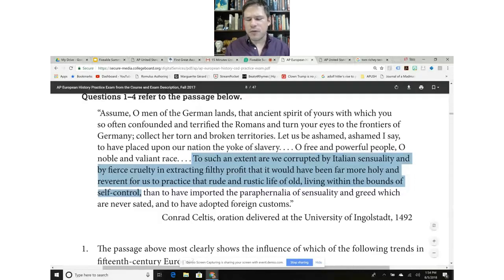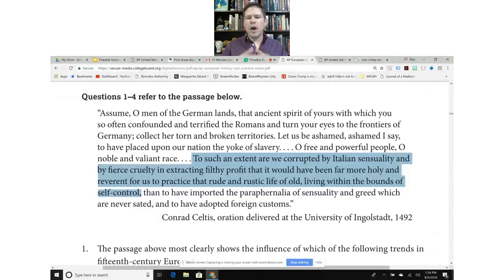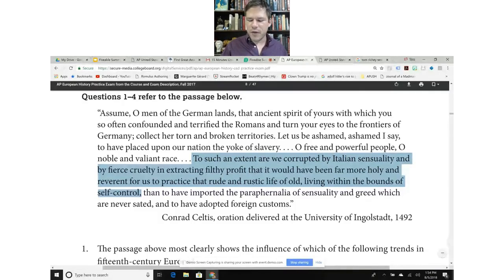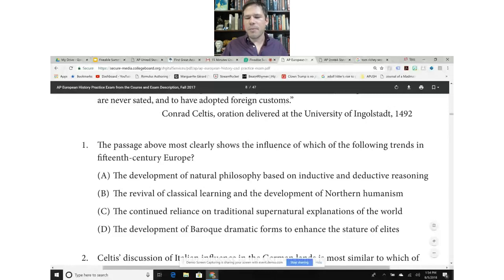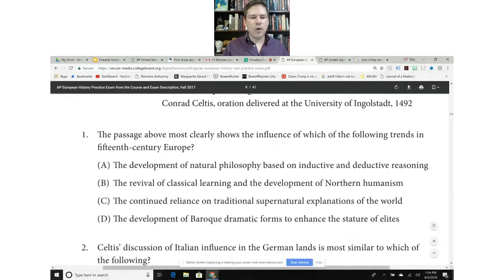Okay, so he's using this humanistic kind of thing, but he's responding to what he sees as the overly sensual and kind of secular aspect, the materialistic aspect of the Italian Renaissance. And so when you look here, this is demonstrating the revival of classical learning and the development of Northern humanism. And so we see here that B is what the passage most clearly shows, but obviously it couldn't have been A or D because those are out of period.